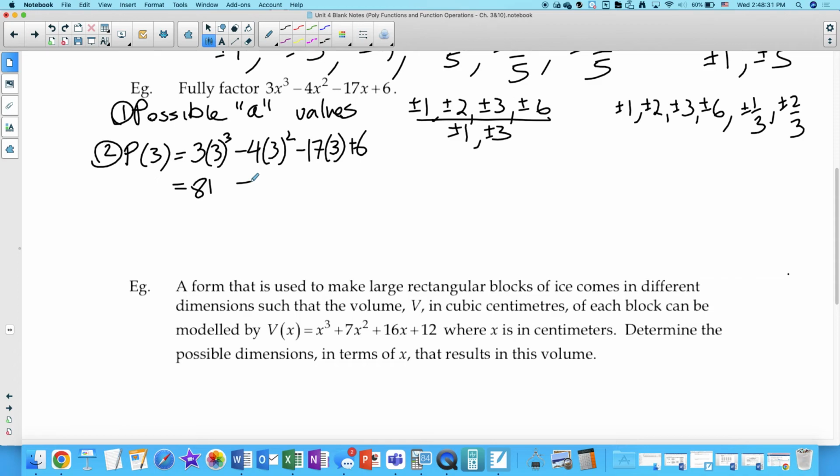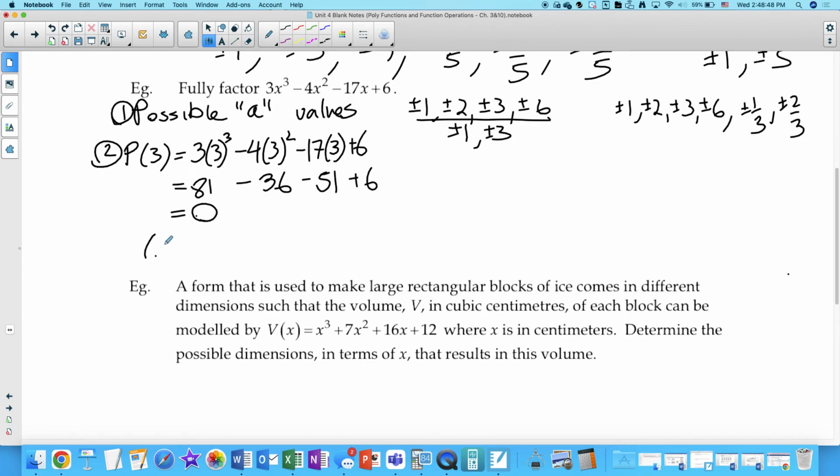And that is 0. Okay? That's the second piece. So now what I know from this is x minus 3 is a factor.